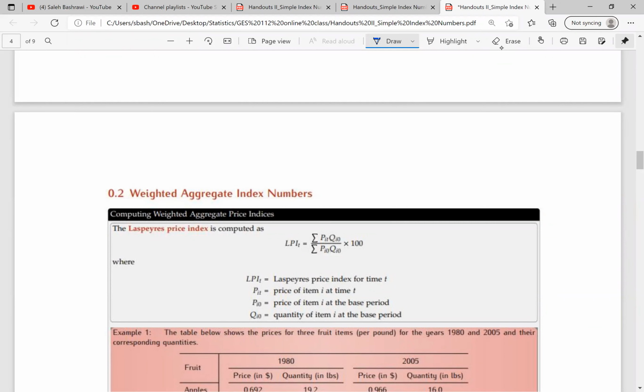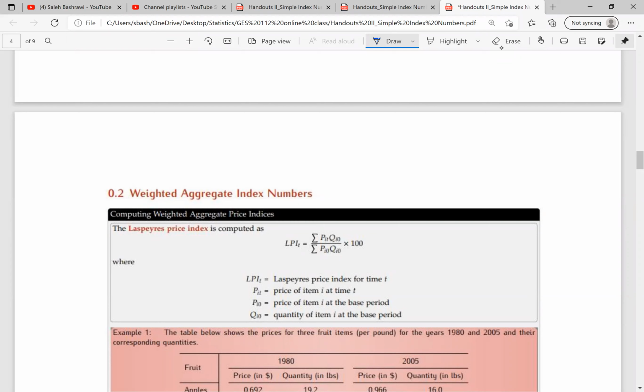The other type of this index number is called the weighted aggregate index number. So the first one was unweighted. For the second one, we have the weighted aggregate index number, and we have three types of weighted aggregate index numbers.